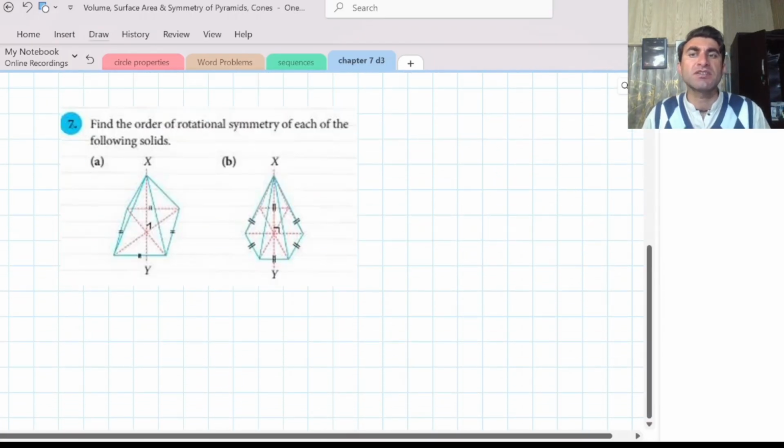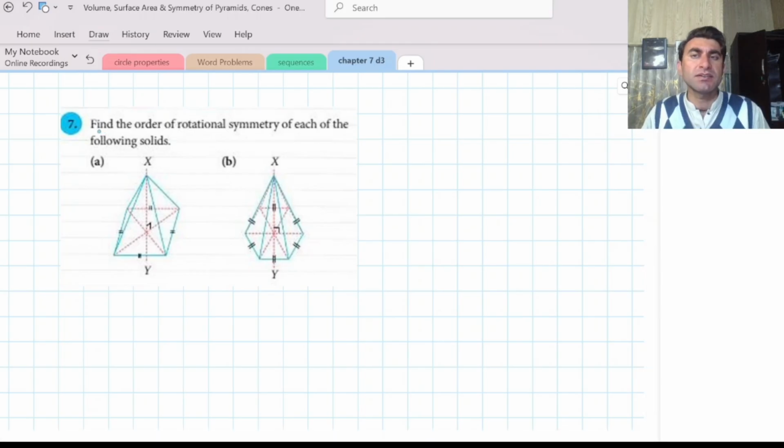Here is question number 7, and it states: find the order of rotational symmetry of each of the following solids. As we can see in part A, the shape given is a square pyramid. All of its four sides are equal, so it must be a square pyramid, and the order of rotational symmetry of a solid basically depends on its base.